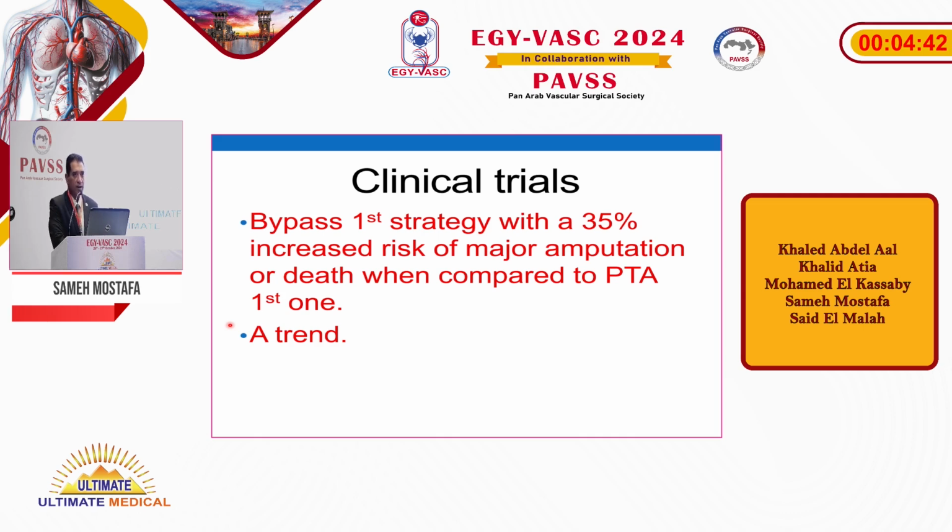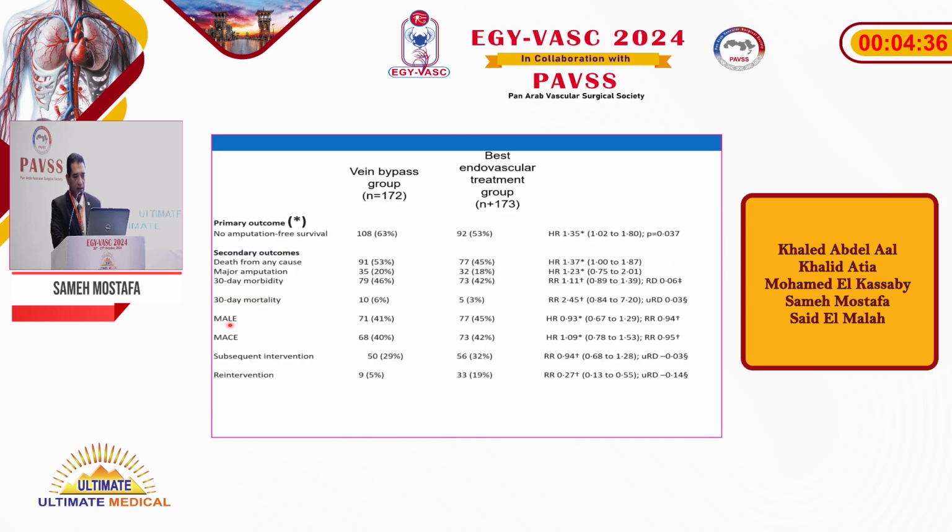However, in my opinion, this is a trend or the result of the initial work of the trial, because when we have a deep look at the final results of the trial, we had more death from all causes, more major adverse limb events, more adverse cardiovascular events, and more interventions in the angioplasty group.